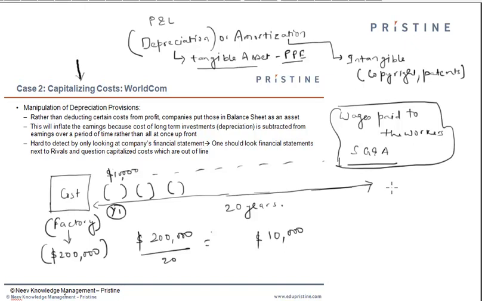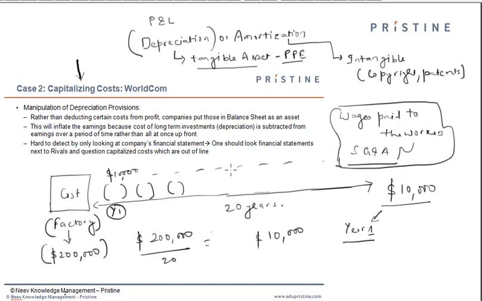Then the accounting treatment requires those $10,000 to be incurred in year 1 itself, the year in which these costs were covered, rather than capitalizing them, because these costs are not to be capitalized as per the accounting rules. Now, what some companies have done is put this cost as a long-term asset in the balance sheet and depreciate it over a period of years.